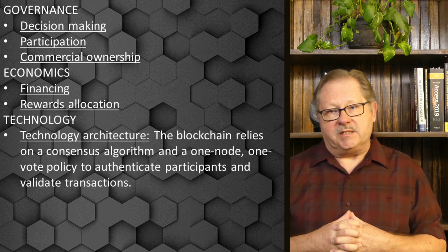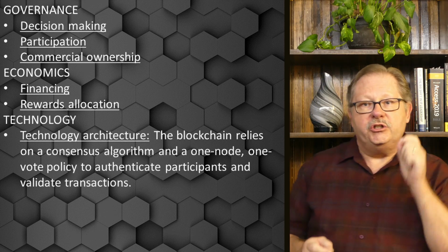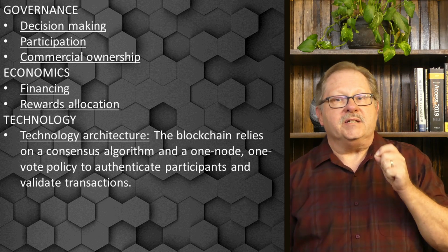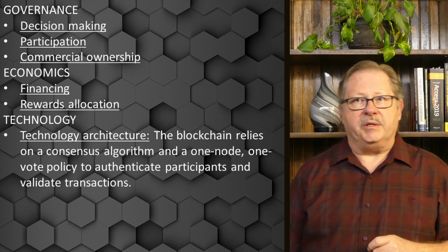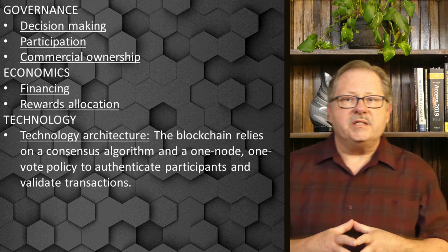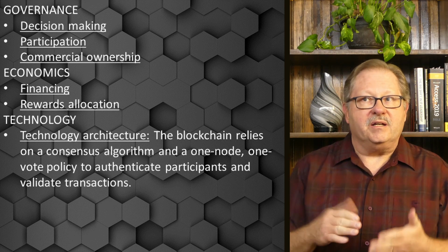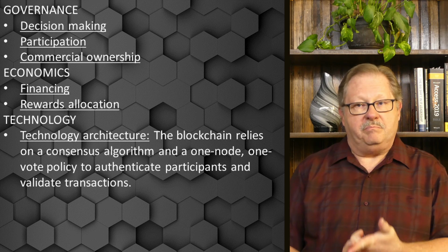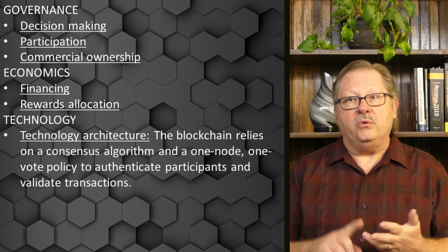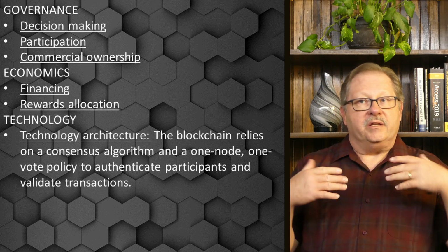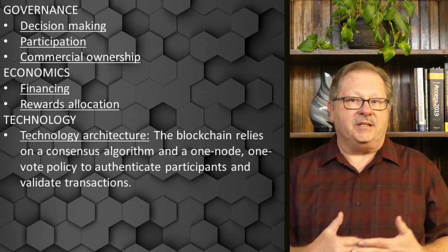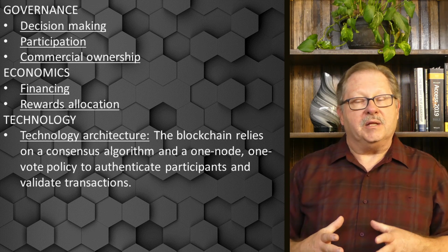So let's talk about the technology. In order for a good distributed model, the technology also needs to be distributed. In other words, the architecture that the blockchain relies on, which is basically the consensus algorithm that says one node, one vote, to authenticate participants and authenticate transactions should be in place.